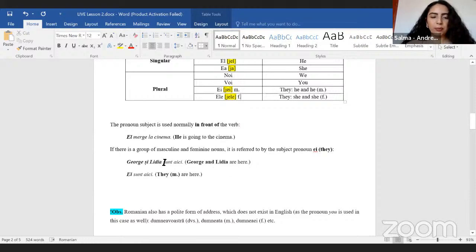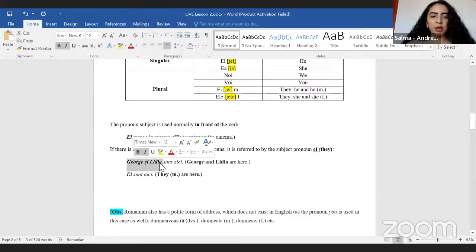If we were to replace these two names with they, we would use ei, because we have George, which is a boy's name, and Lydia, which is a girl's name. So we would replace these two names with ei and not ele, which is just for feminine nouns.